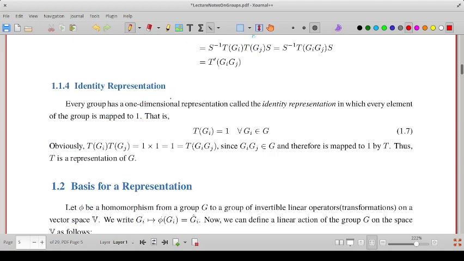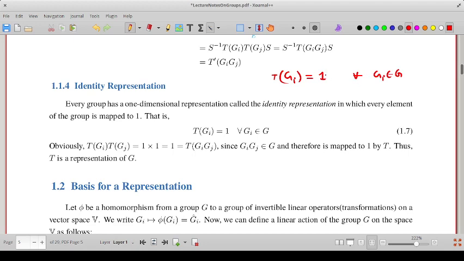Now the identity representation. Every group has a one-dimensional representation called the identity representation, in which every element Gi of the group is mapped to the number 1. So T(Gi) is equal to 1 for all Gi in the group.